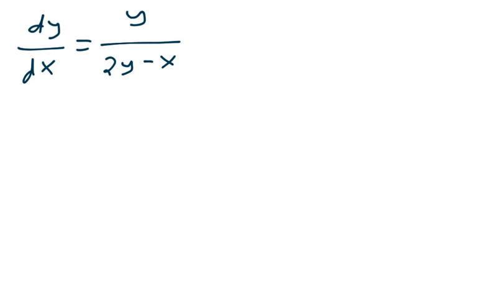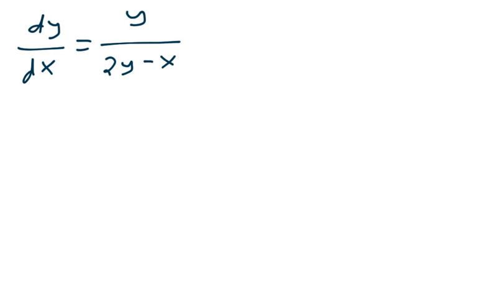For part B, it asks us to find all points x and y on the curve where the line tangent to the curve has slope of 1/2. So we start with dy over dx equals y over 2y minus x, and from there we're going to solve for x.